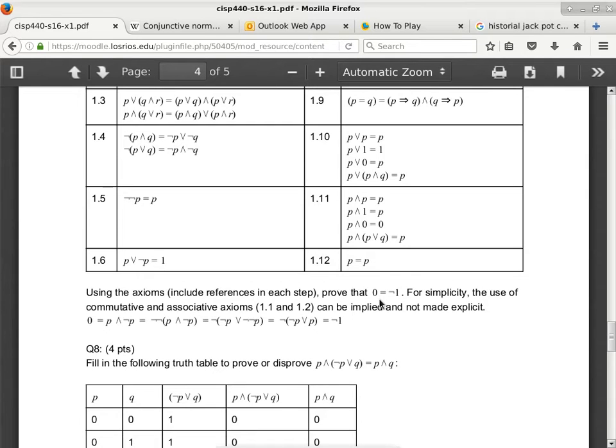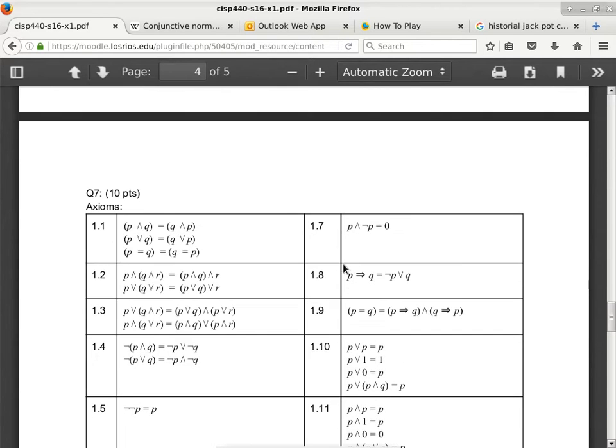Because we know that by definition, not true is false. But how can we prove that false and not true are exactly the same thing, using not resolution, but only using the algebra, the axioms of Boolean algebra?